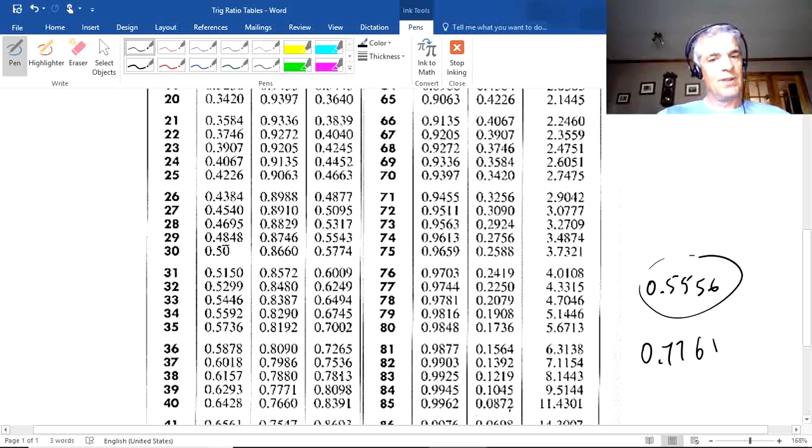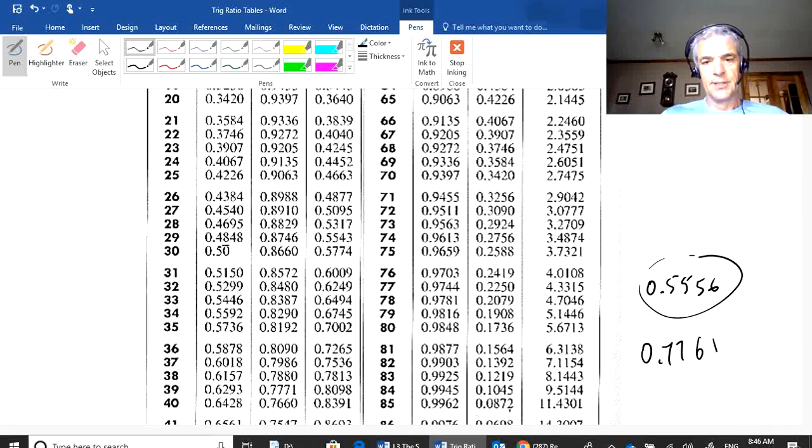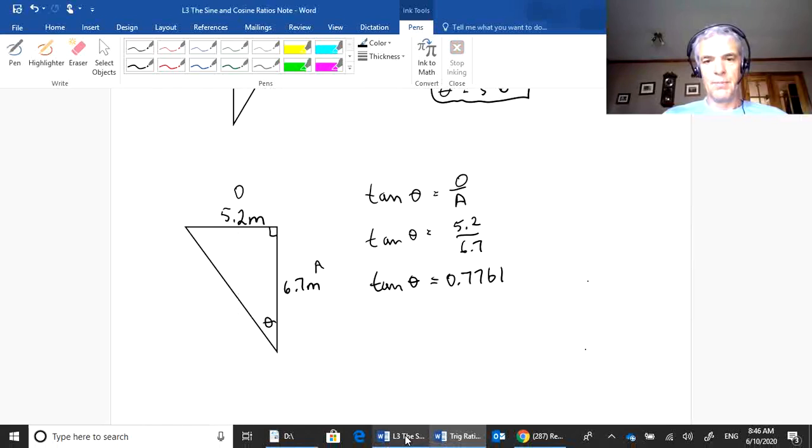And sometimes you'll get one that's like right in the middle, and it's really tough to figure out. Well, you just go with your best, what you think is closest, and you pick the one it's closest to. If you're off by 1 degree, I'm not usually going to give you a lot of difficulty. I'm going to still give you the mark. So in this particular case, I'm going with 38 degrees, and I'm going to put my answer in as 38.